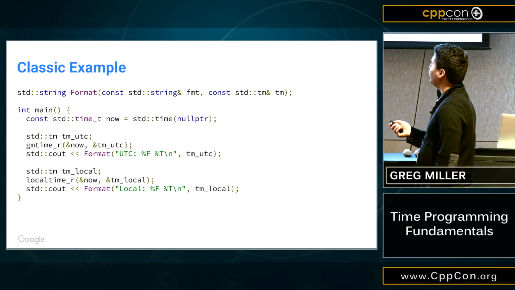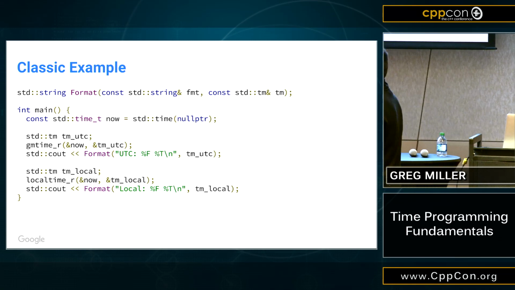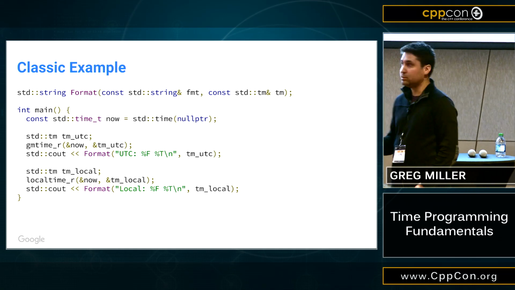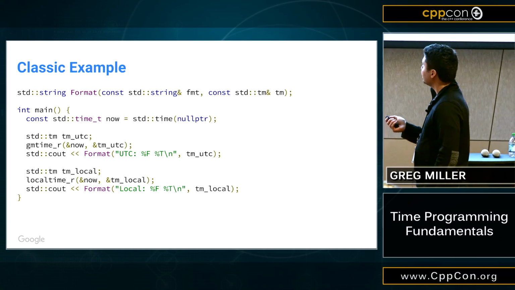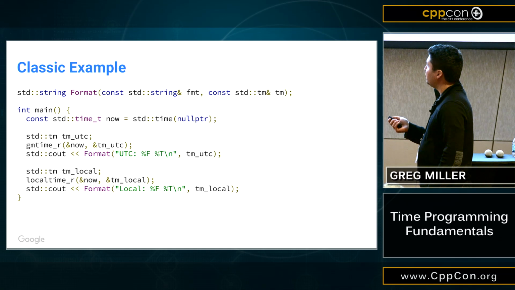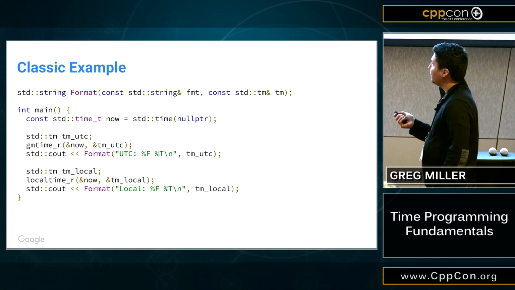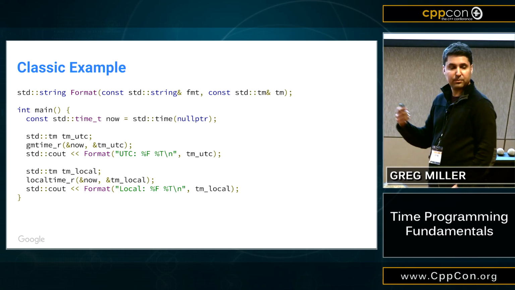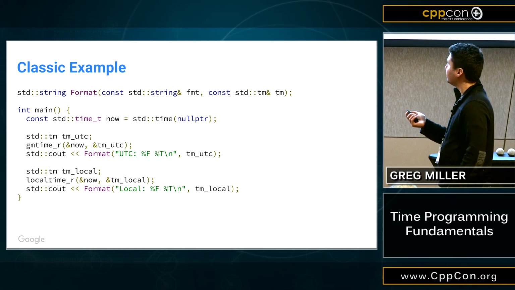Again, we're going to be creating a time_t called now that represents the current time, the current absolute time. In this first block here, I'm going to use this gmtime_r function that takes the current time and fills in the struct tm with the year, month, day fields, the civil time fields that correspond to this current time.